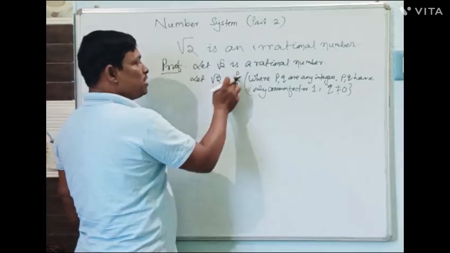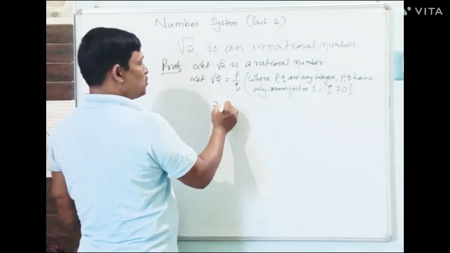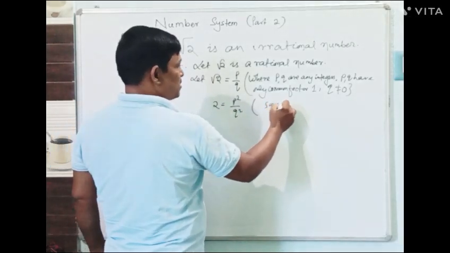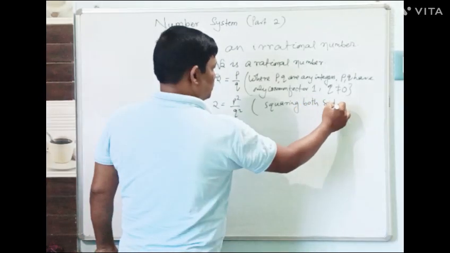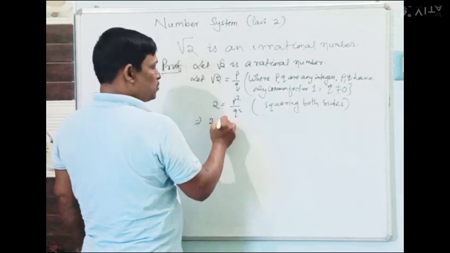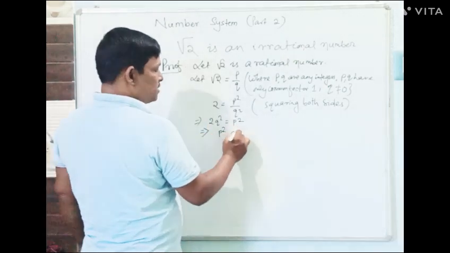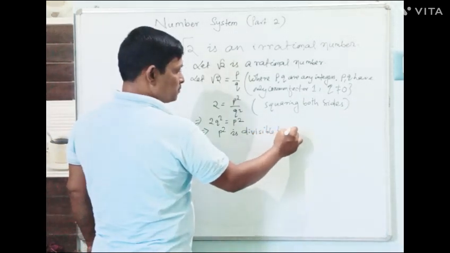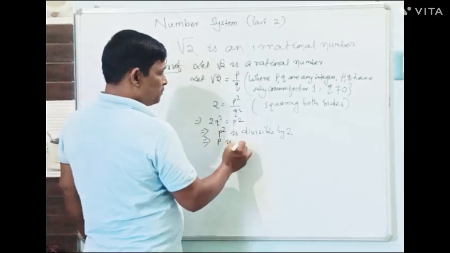If root 2 is equal to p by q, then squaring both sides, 2 is equal to p square by q square. Taking q square to the left side, 2q square is equal to p square. So p square is divisible by 2. If p square is divisible by 2, then p is divisible by 2.